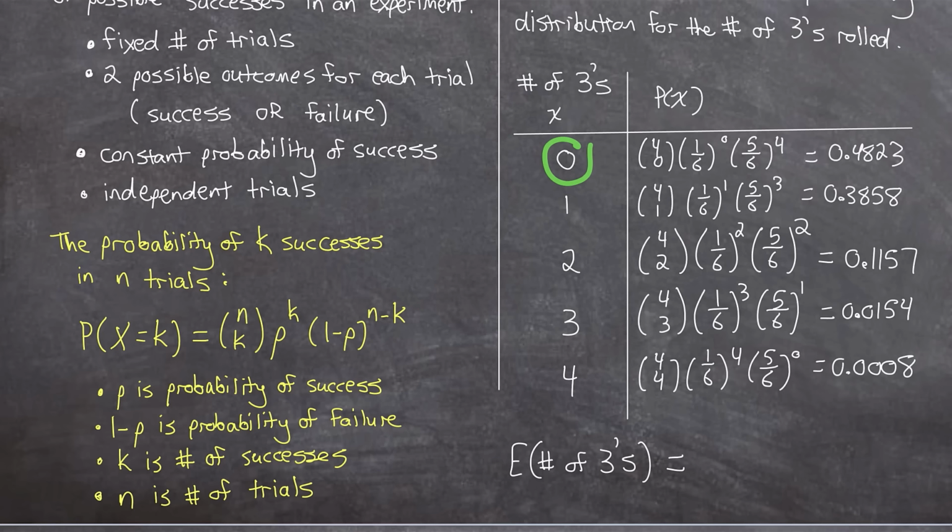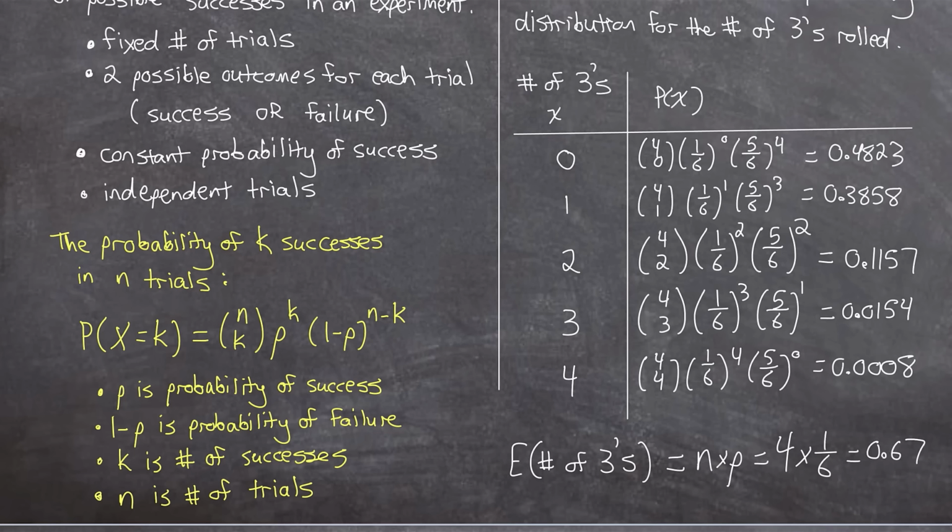So we could do 0 times its probability plus 1 times its probability, and so on. But for a binomial probability distribution, all you have to do is the number of trials times the probability of success. So there are 4 trials, and the probability of success on any one trial was 1 out of 6. So that equals 2/3 or 0.67.